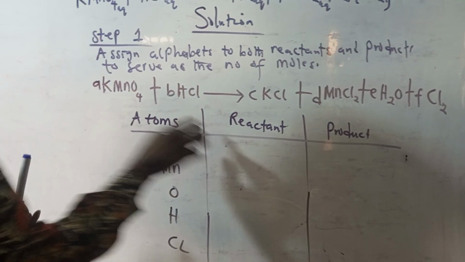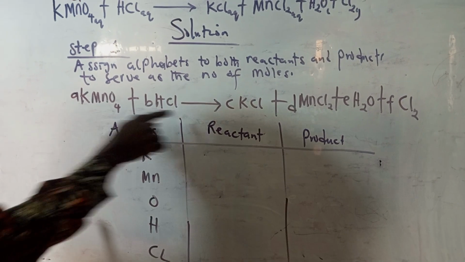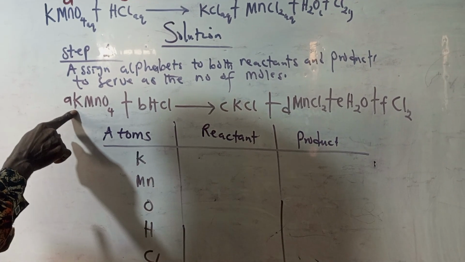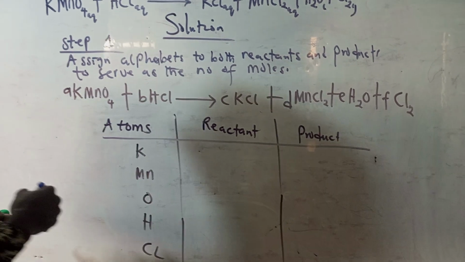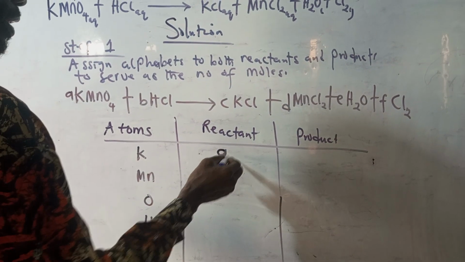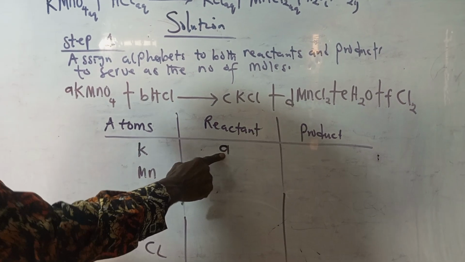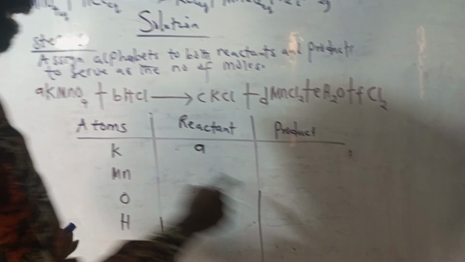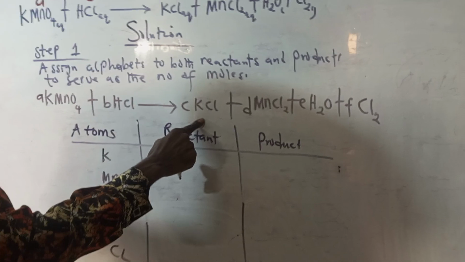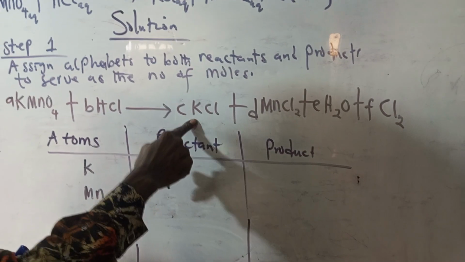Now, what next? Let's take a look at K. On the reactant side, where is K present? K is present in A, and we have one atom of K in A. So I will say A, meaning one potassium in reactant A. On the product side, I have potassium in C. So I have one potassium here.